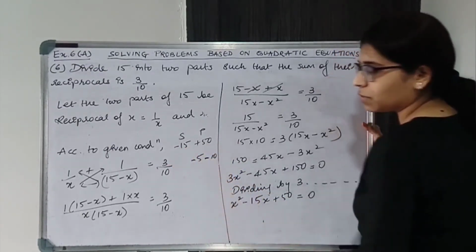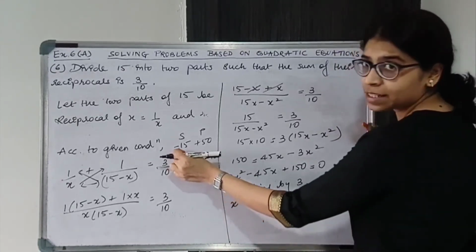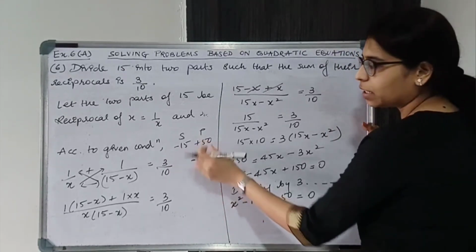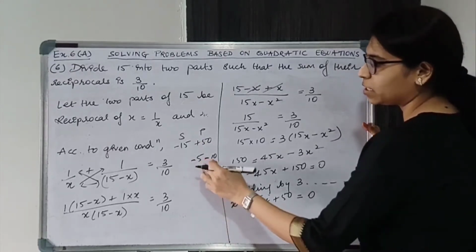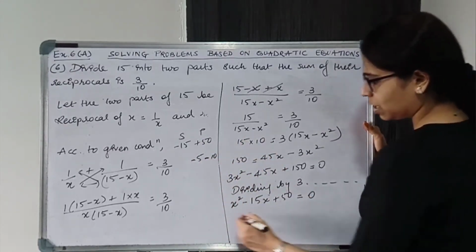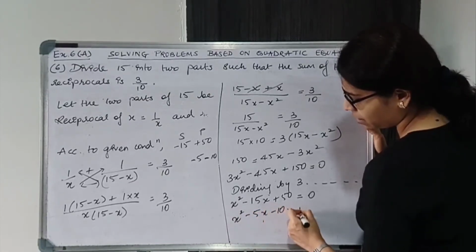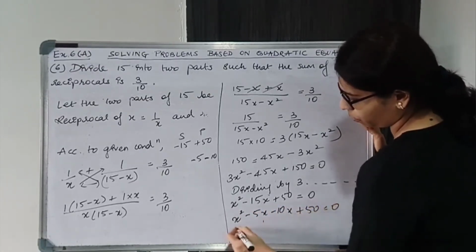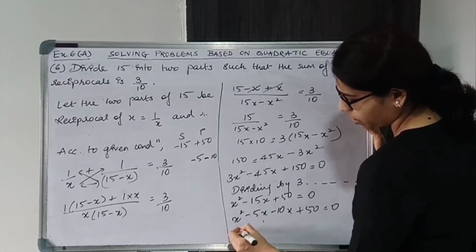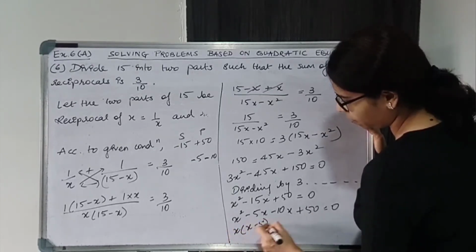Minus 5 and minus 10 are the factors. So when you add, you will get minus 15, and when you multiply, you will get plus 50. Okay, minus into minus gives plus. So x square minus 5x minus 10x plus 50 is equal to 0. So taking x common, x minus 5.